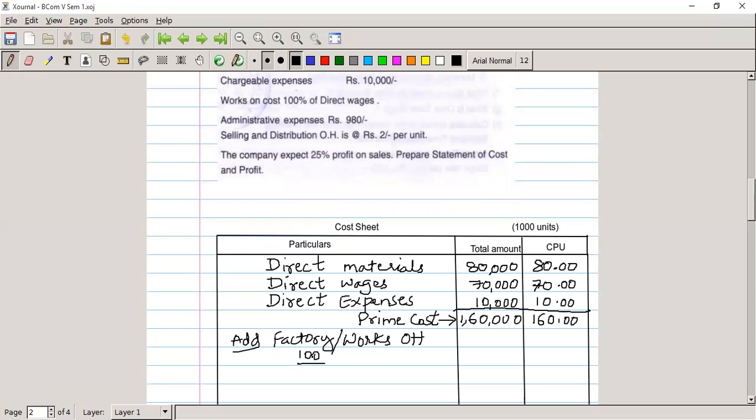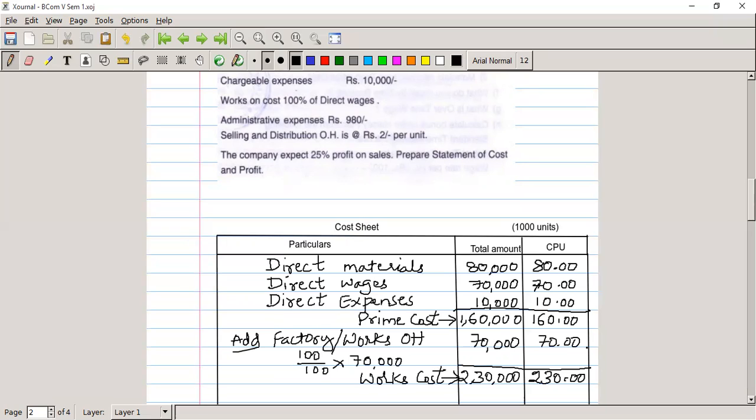So 100 upon 100 into direct wages, which is rupees 70,000. So it remains as 70,000 itself. Take it here as 70,000, which comes to 70 again. So when we add this, it comes to 2,30,000, and this comes to 230 rupees. So what is this? This is your works cost. These are the main heads in the cost sheet.